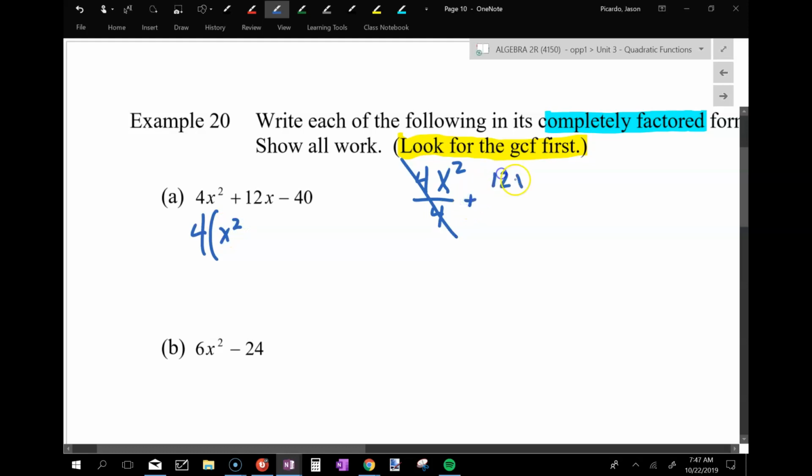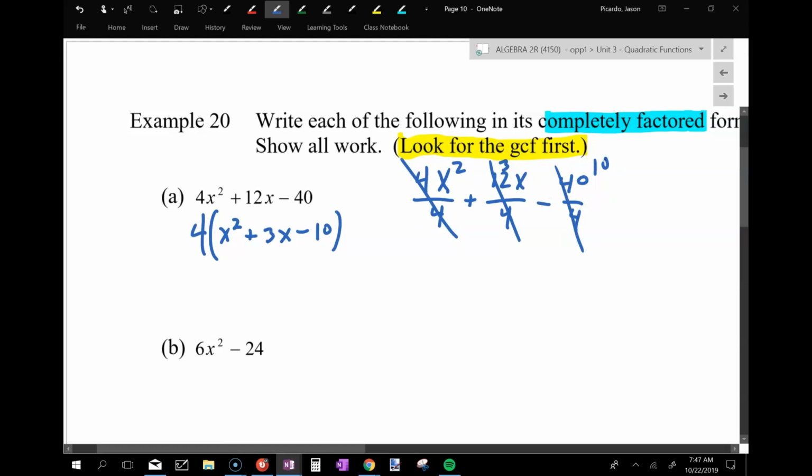Then I'm taking 12x and dividing it by 4, right? What happens? 4 goes into 12 3 times, leaving a 3x. And then 4 goes into 40 how many times? 10 times.